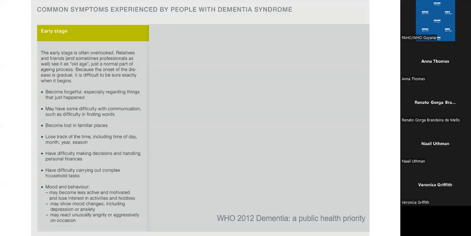Because the onset of the disease is gradual, it is difficult to be sure exactly when it begins. The patient becomes forgetful, especially regarding things that just happened, may have some difficulty with communication, such as difficulty in finding words.